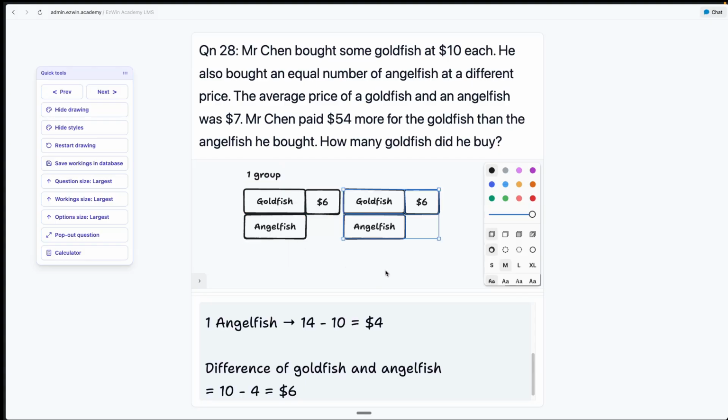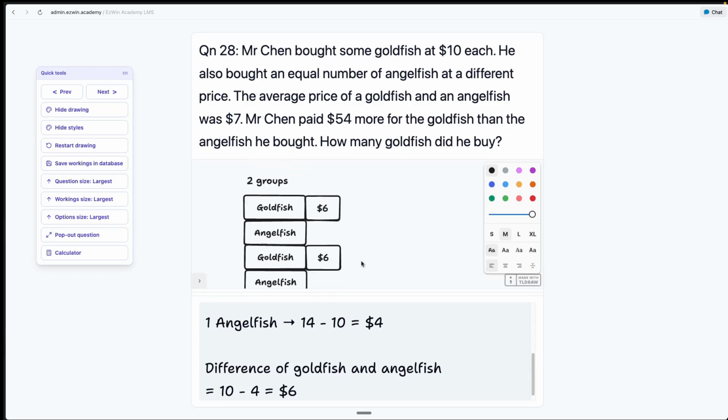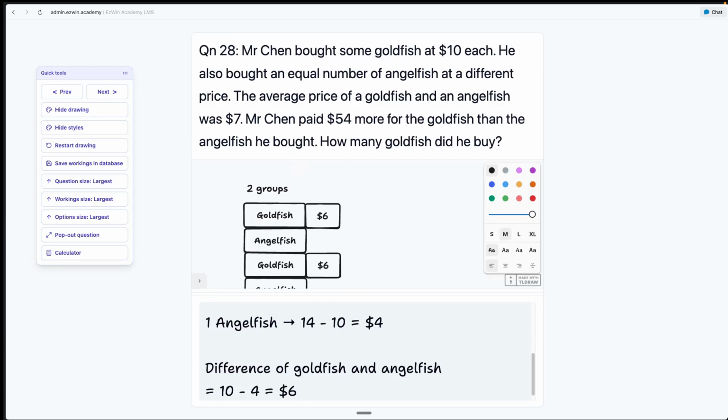So if we were to have two groups over here, what do you think the difference is? The difference is $12. So in this case, how many groups are there to have the difference of $54?